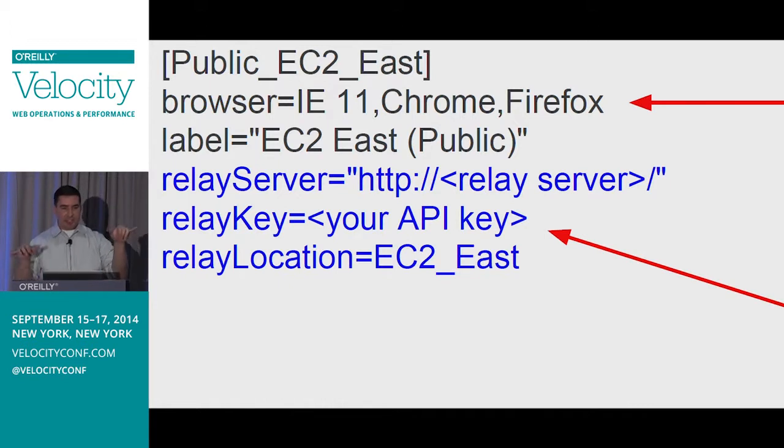So your location IDs don't need to match. You can use whatever you want internally for the ID. Like you could call this public WebPagetest Dulles for your internal ID, and on the relay location, it would be Dulles. The browser list does need to match, though, because that just gets sent with the test information.